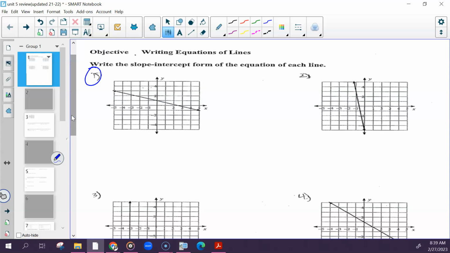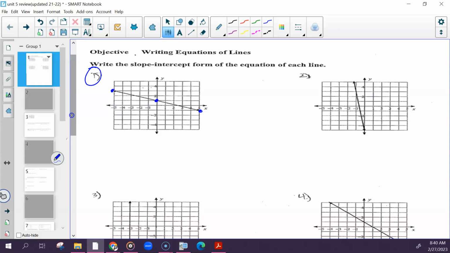Alright, so you are writing the equation from this line. So I would say find your slope, find your y-intercept. Y-intercept would be easier. Look for another point that goes through grid lines exactly. I would do where the arrows are, because that would be the easiest. And then count your slopes.